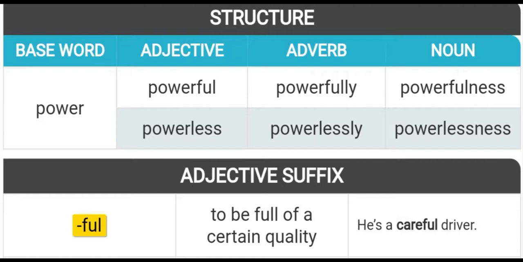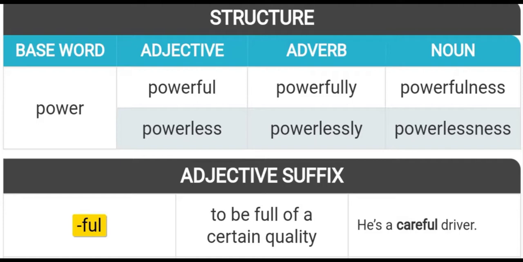So, dear friends, look into the slides carefully and find the word we use, the word category, and their parts of speech. Clear? The structure, base word, and the forms they produce when we add any suffix to the base form of the word.